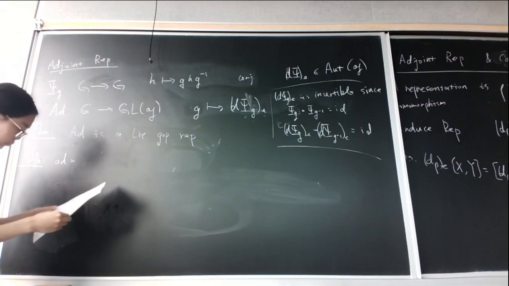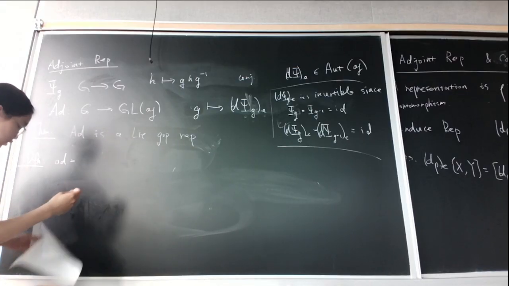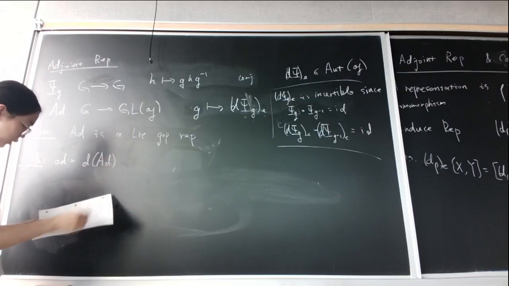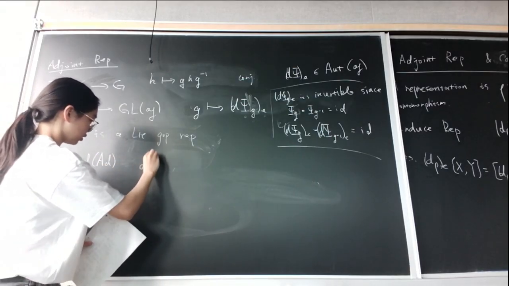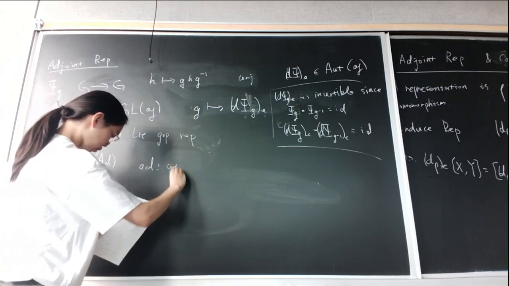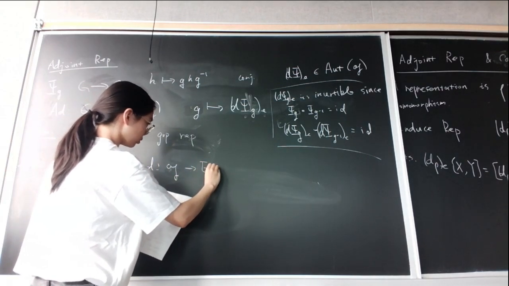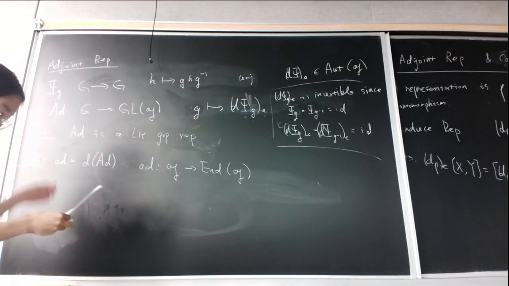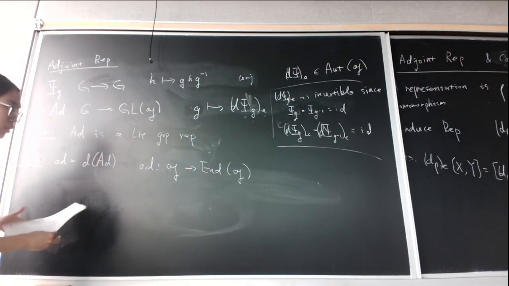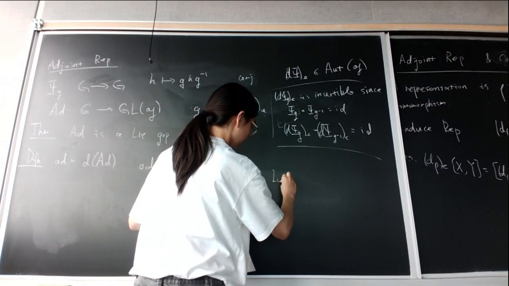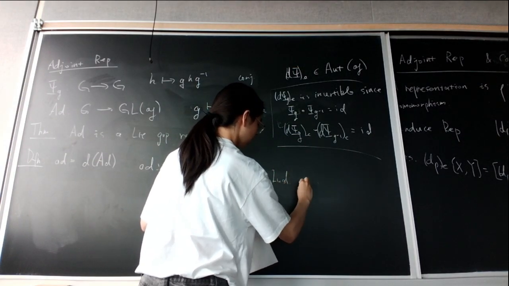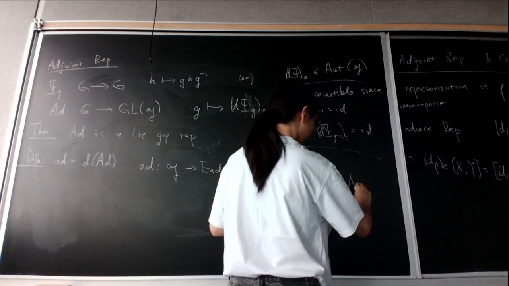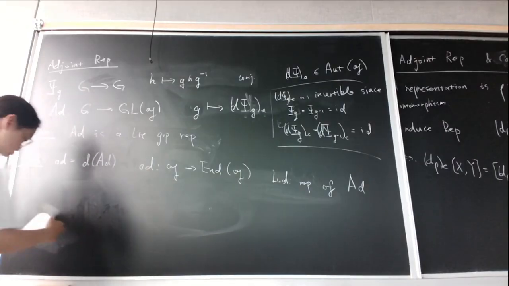First define lowercase ad to be the derivative of uppercase Ad, and this lowercase ad goes from g to the endomorphisms on g. This is the induced representation of the adjoint representation.